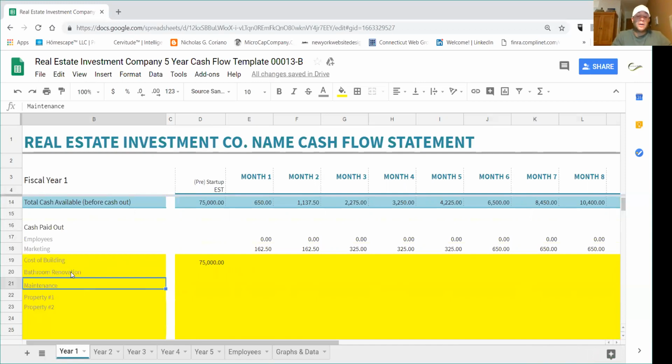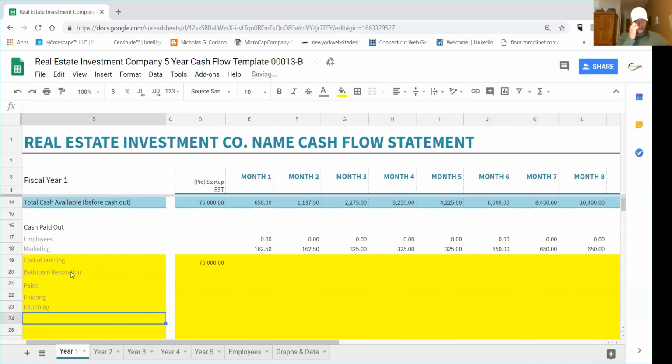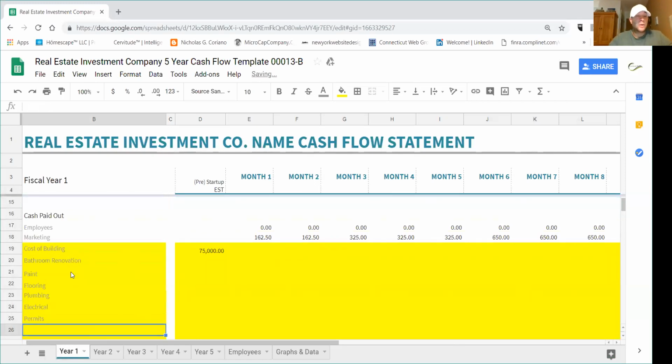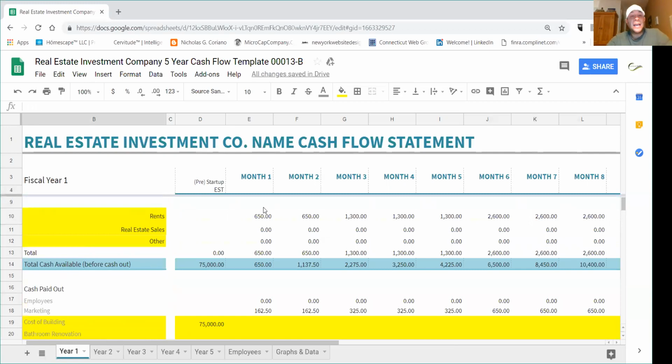Let's say paint. All right, let's do flooring. Let's do plumbing, if any. I mean, the building has good plumbing, but never know. Electrical, right? Permits.